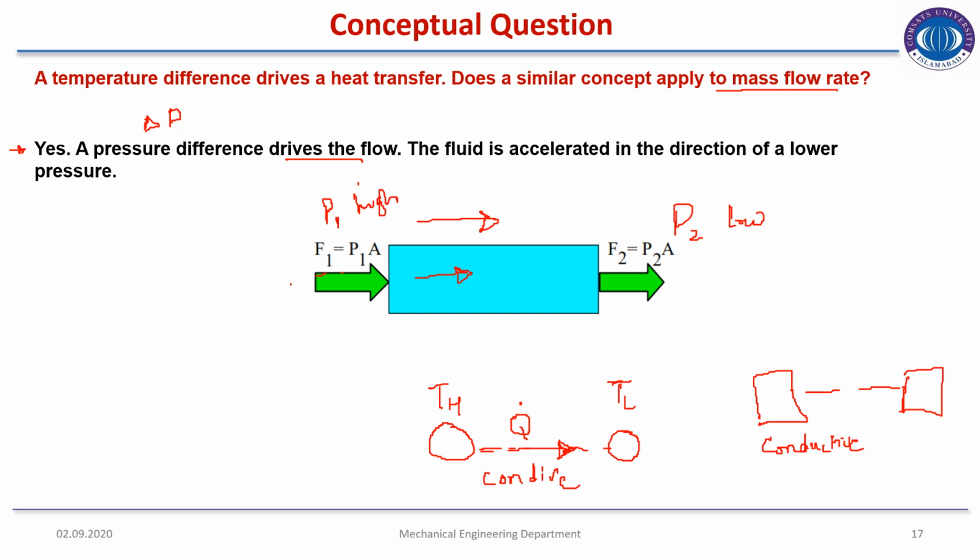So if we have body A and B, body A is at high voltage, VB is at low voltage, then there will be a current or charge flow. So all these concepts are based on the same principle, that there should be some differential in the properties for a flow to be driven.